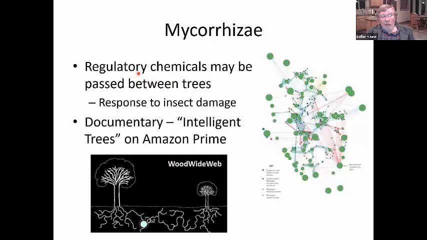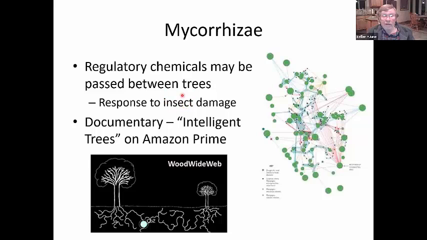Also, it's been found, particularly in forestry, because foresters have been looking at interactions between trees with their mycorrhizae, that certain regulatory chemicals may be passed through the fungus from one tree to another. For example, if an insect comes and starts to eat on a particular tree, that may signal that tree to start to produce a particular type of compound that will try to offset that damage.